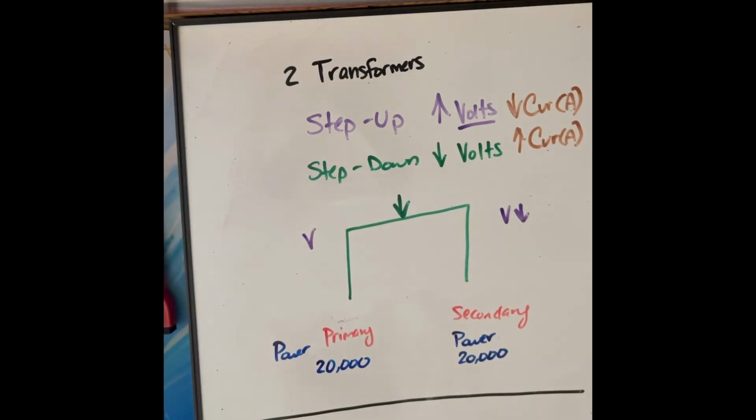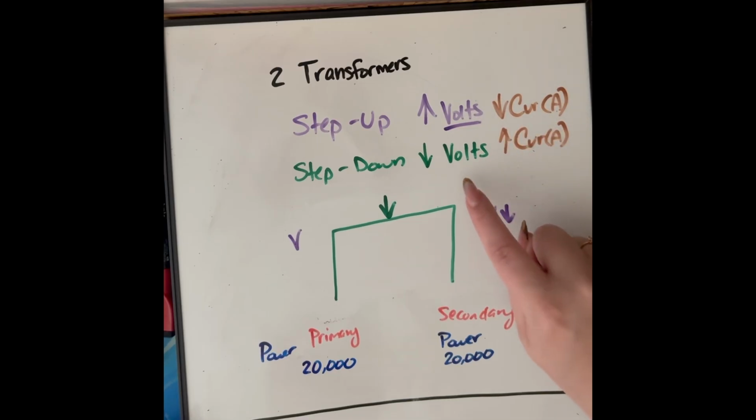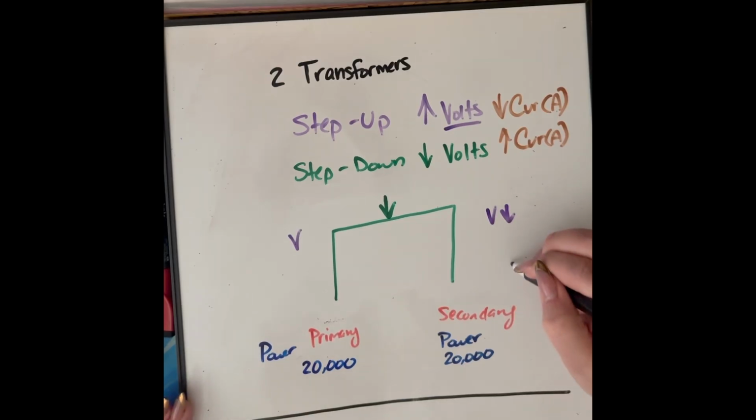And what we just said, based on this principle here, if our voltage is going down, we would expect our current to go up on the secondary side of our step down transformer.